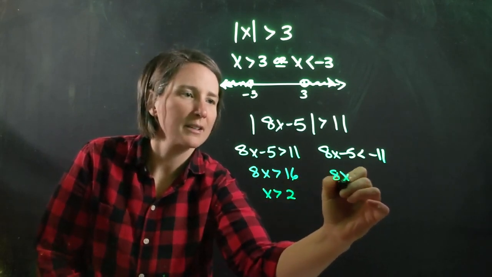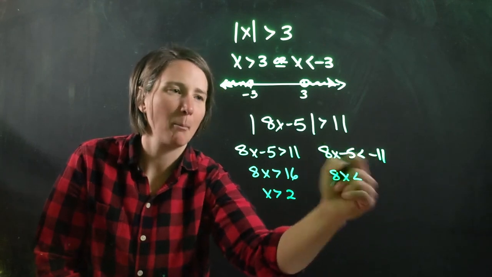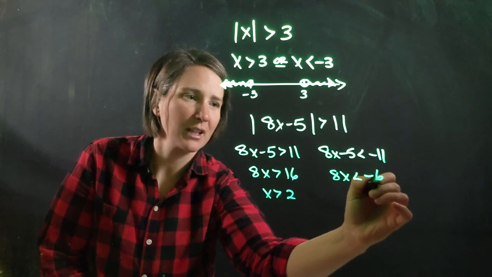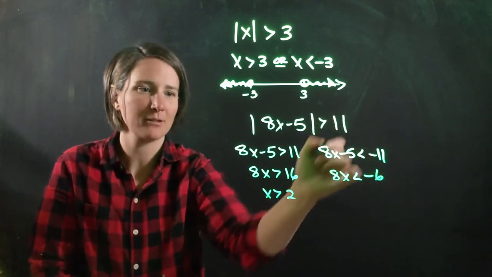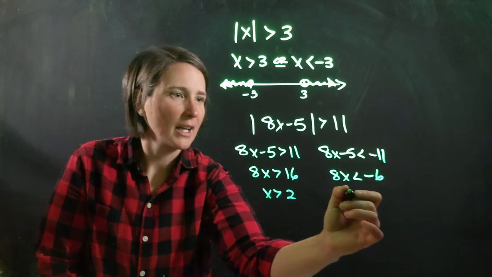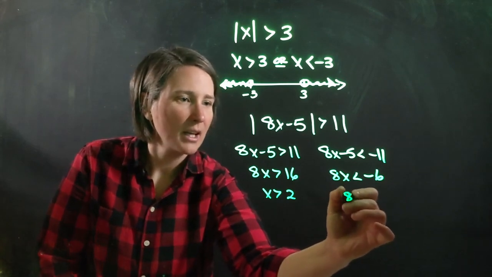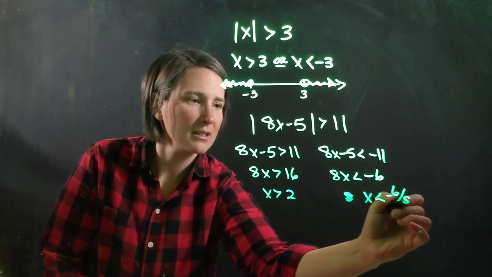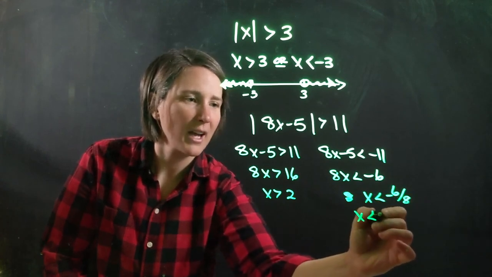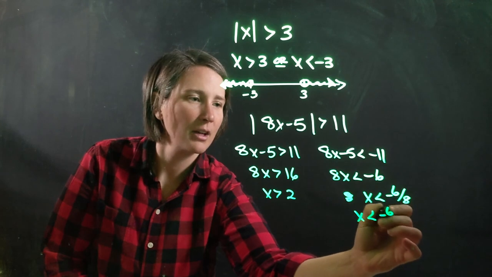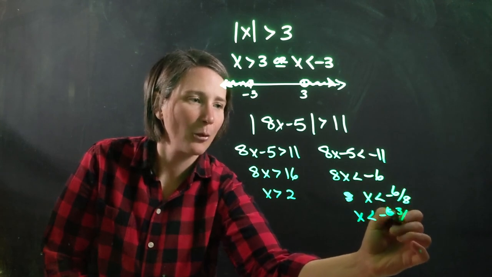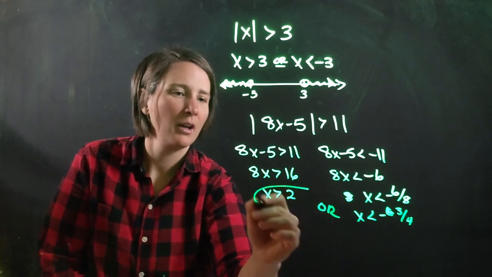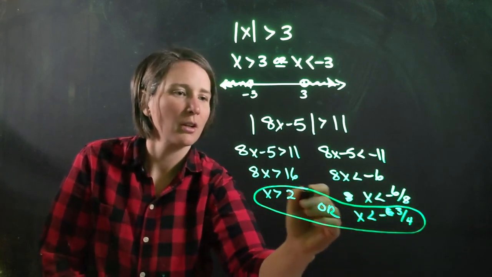We have 8x is less than negative 11, add 5, is negative 6. Negative 11 plus 5 is negative 6. So we get x is less than negative 6/8, or reducing our fraction, x is less than negative 3/4. Remember your OR, and this is your solution.